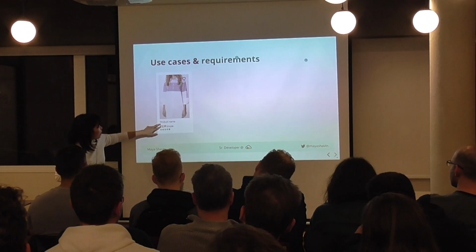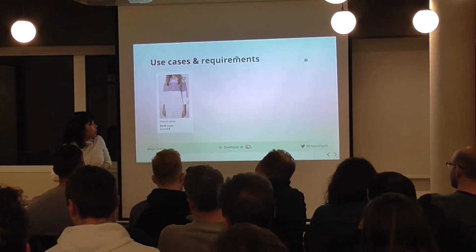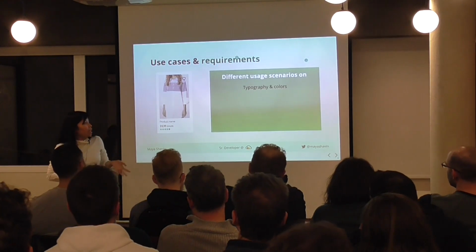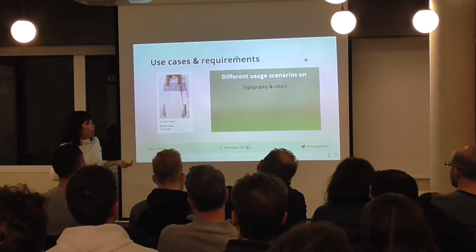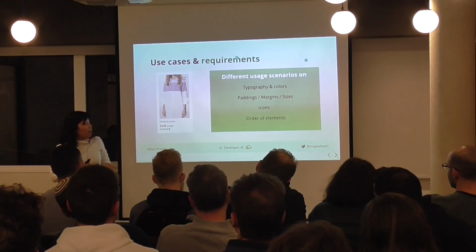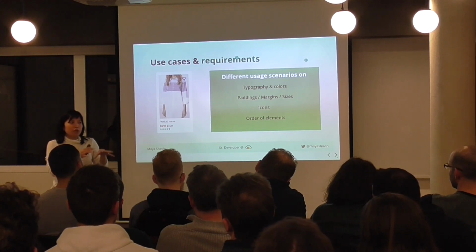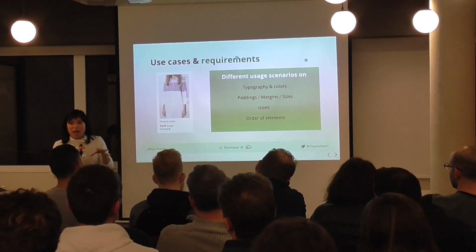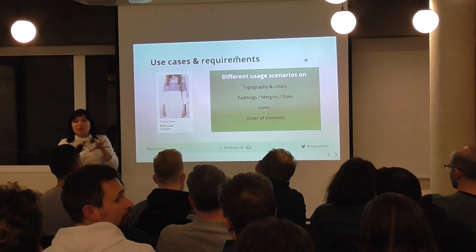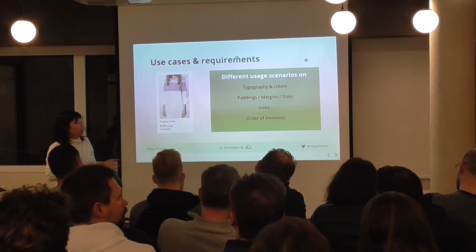Or you need to make this one above this one, like changing the order of the elements. So we have typography and colors, we have padding, margin, and size, icons, and order of elements. All of this, the combination of this, creates different scenarios to handle your component in real life, in real usage of developers.